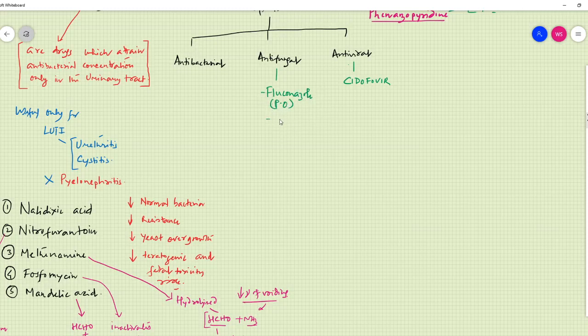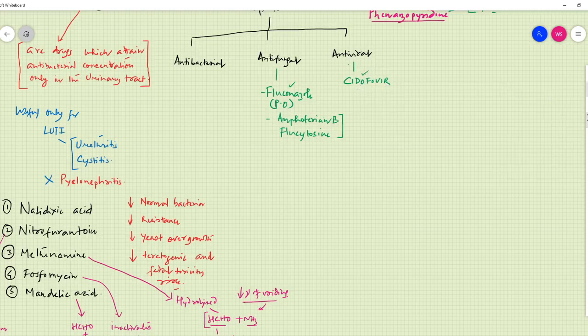The other drugs that can be given are amphotericin B and flucytosine. But these drugs have got lots of adverse effects. So the drug of choice for UTI caused by fungus is fluconazole per oral. An antiviral drug, the most important and most clinically useful one is cidofovir.